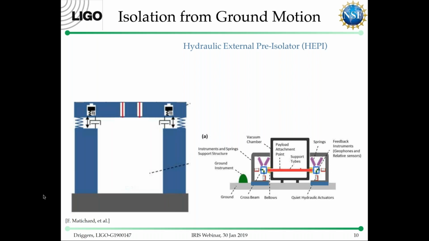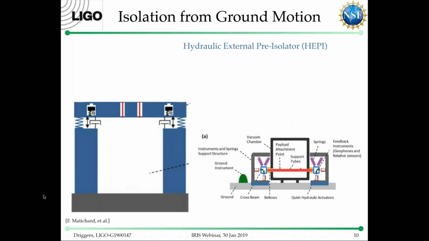We also use a ground seismometer, usually either a T240 or an STS2, to help us understand how the ground is moving, because we don't necessarily always want to hold the top of the isolation system still relative to itself. We want to isolate it from ground motion. So we feed forward some of this ground instrument and blend that into the control system for the HEPI, this hydraulic pre-isolator.